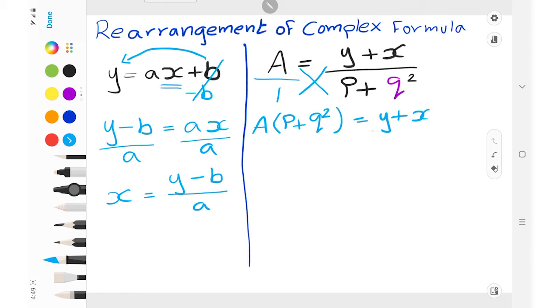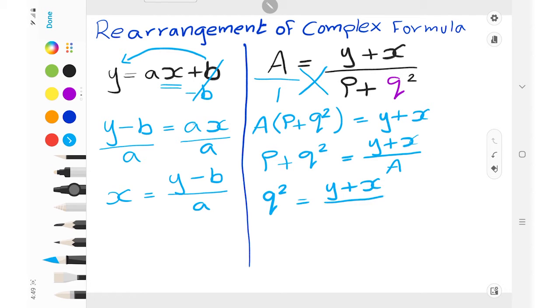So p plus q squared equal y plus x divided by a. Now q squared has p added, so I will subtract p from both sides.